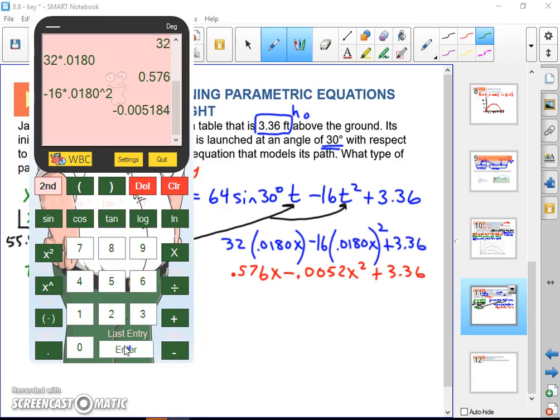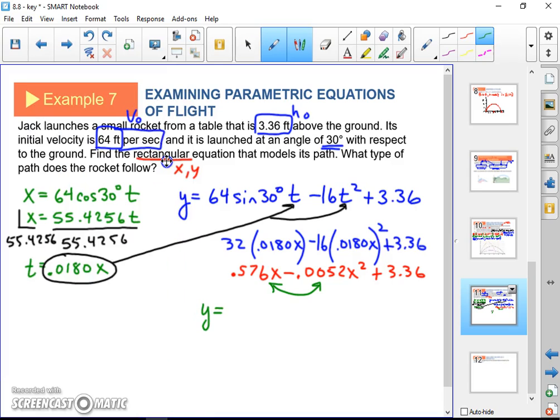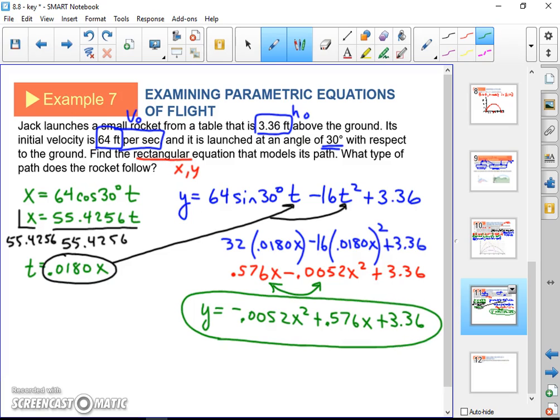The only other thing I could do is switch these two places so it looks more like standard form. I would have the equation y equals negative 0.0052x squared plus 0.576x plus 3.36. That's my rectangular equation.